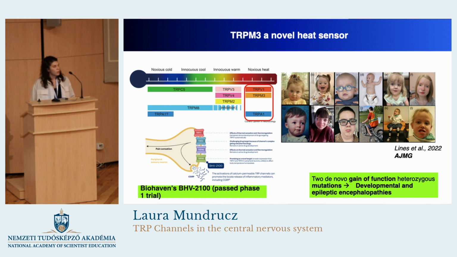This compound has already passed phase 1 trial, which is pretty promising. But according to more recent data, two de novo gain-of-function heterozygous mutations were found in the gene encoding TRPM3, which led to the development of DEE in patients. That would be developmental and epileptic encephalopathies. Clearly, this rather complex syndrome includes a lot of epileptic activity.